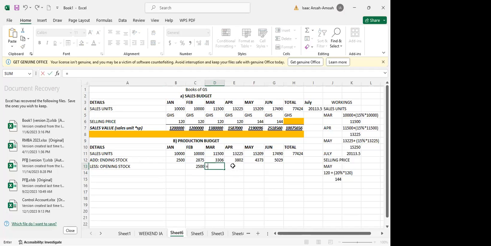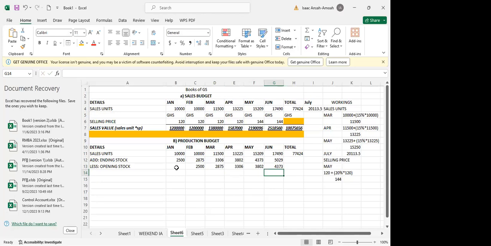The ending stock of March will become the start of April. The ending stock of June, suggesting that if we are preparing this budget into July, then the ending stock of June will become the starting stock of July.